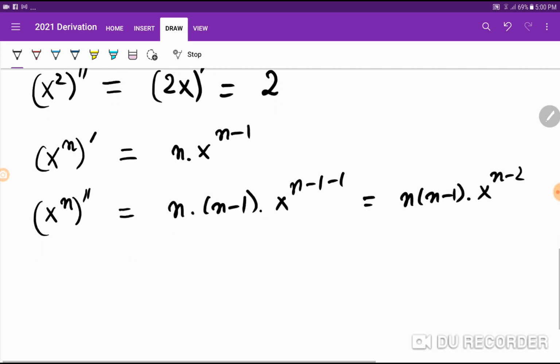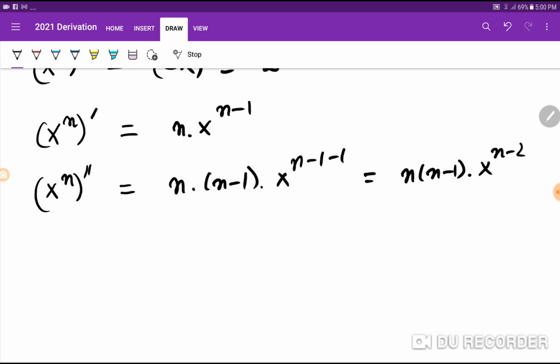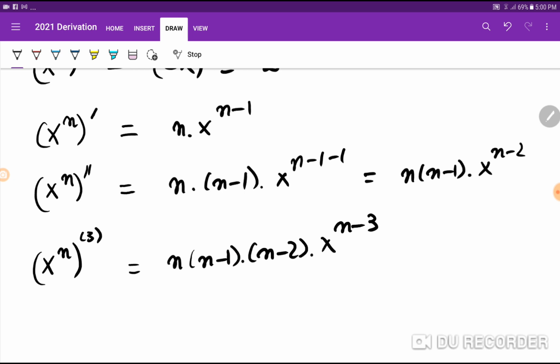Sorry, instead of writing prime for the derivative, I'm going to write the number of derivatives up there. So for the third derivative of x to the n, you do 2 times and do 1 more time, it would be n times n minus 1 times n minus 2 times x to the power n minus 3.